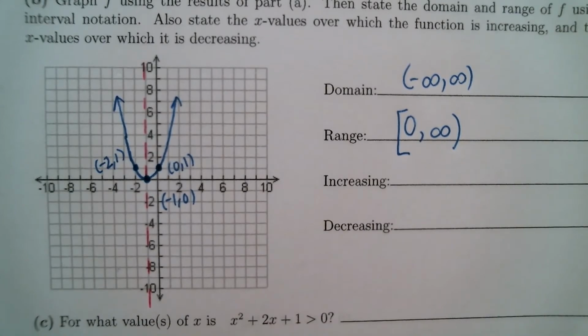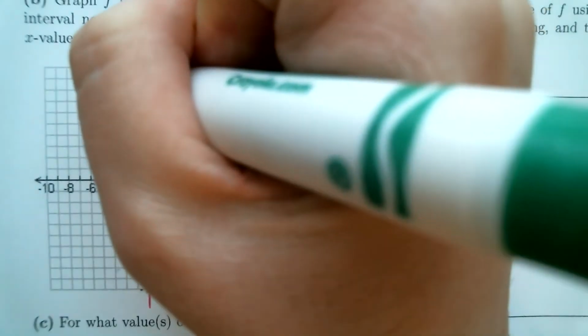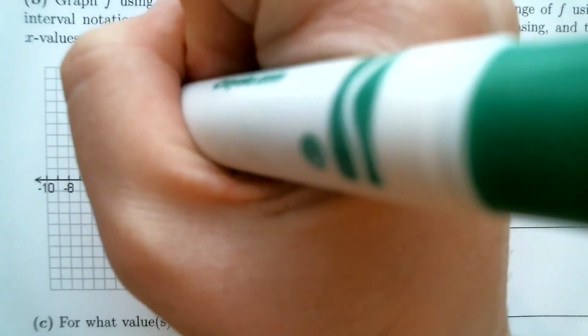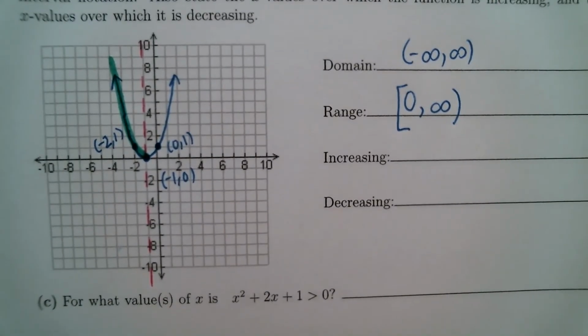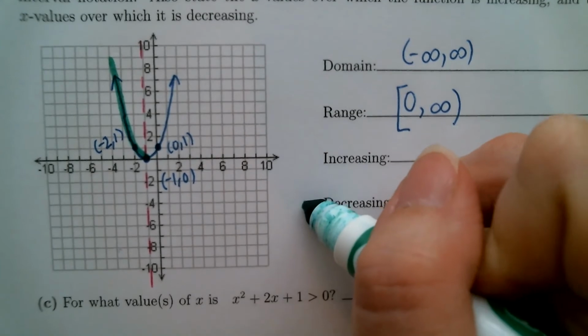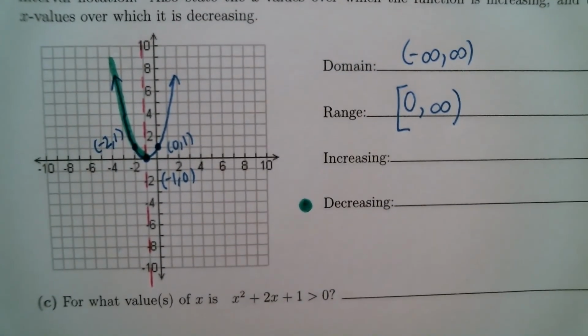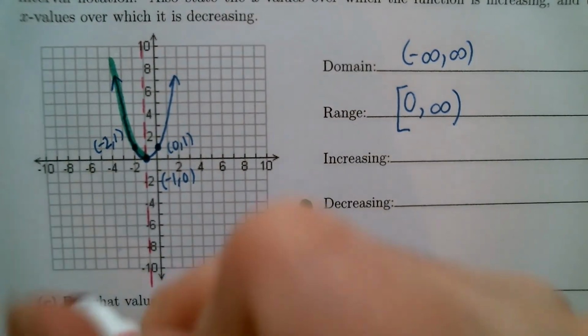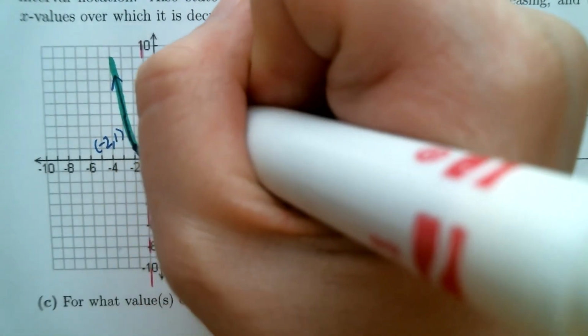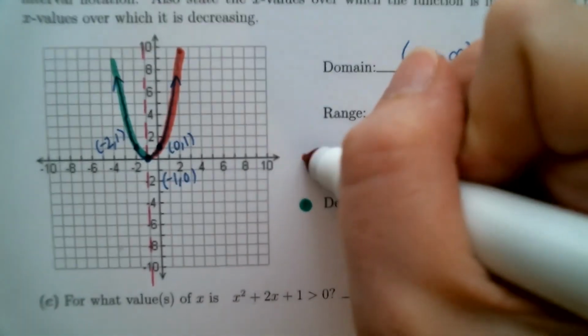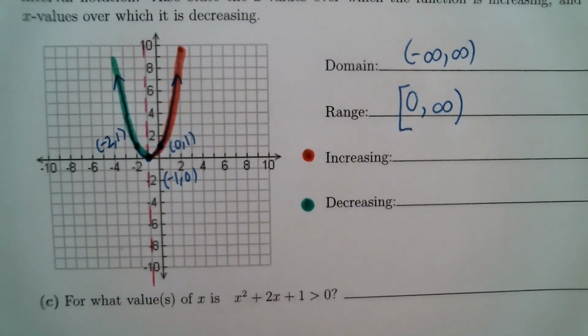If I go from left to right, I am first falling, so I'm going to be decreasing on this side of the axis of symmetry. So in green is where I'm decreasing. And then once I get to the vertex, I'm doing the opposite. I start rising or increasing, so on the right side of the vertex or axis, I am increasing.